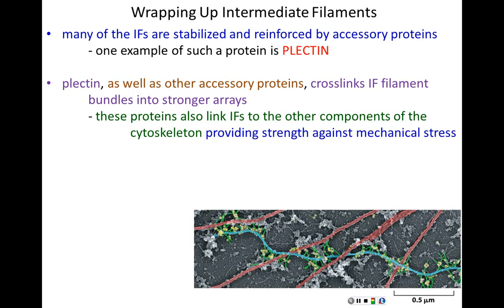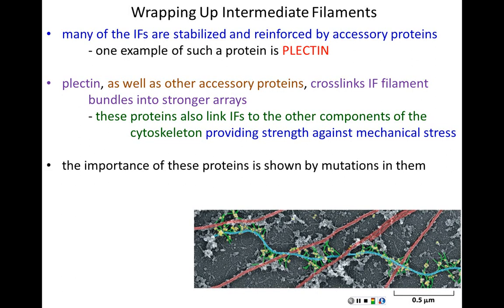Proteins such as plectin also link intermediate filaments to other components of the cytoskeleton, providing even greater strength against mechanical stress. So now we can cross-link intermediate filaments to microtubules or to actin, creating a true single interwoven cytoskeleton. These accessory proteins are extremely important in that regard.